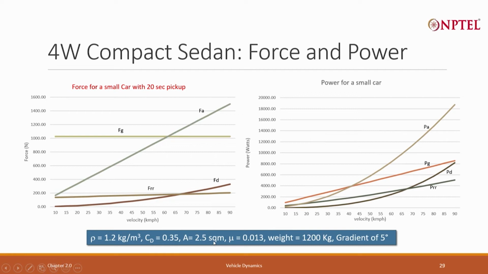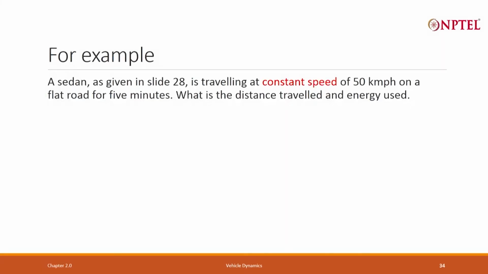Area is 2.5 square meter, drag coefficient is 0.35, weight is 1200 kg, and suppose it is driven at a constant speed of 50 kilometer per hour for 5 minutes. Compute the distance travelled and energy used.